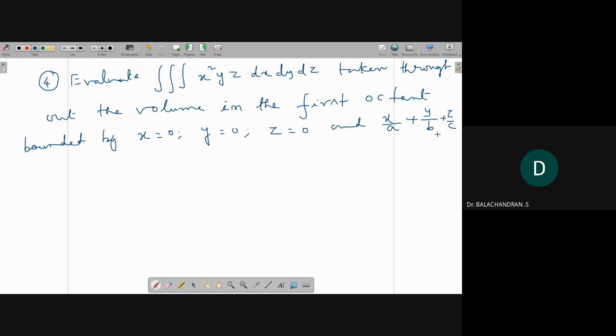The final answer for this problem is a cube b square c square by 2520. So how to solve this problem? Just to give the idea, and then I will go to the next problem.